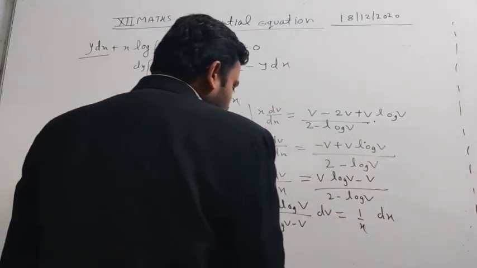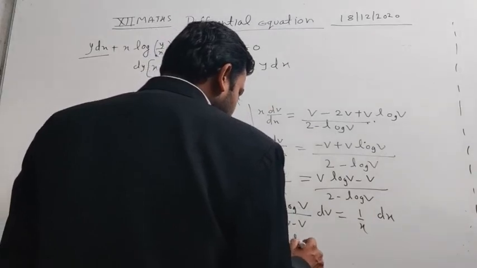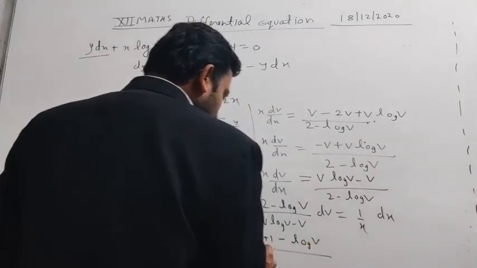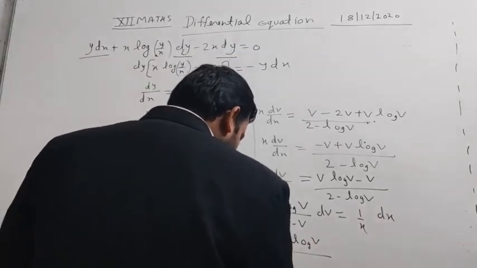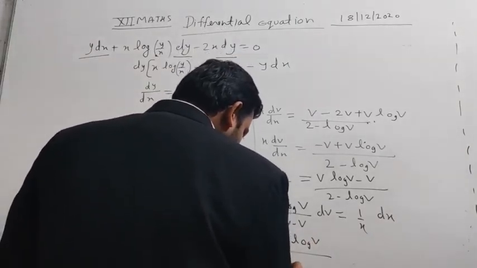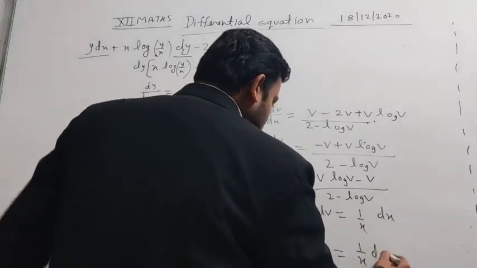Now this 2 can be written as 1 plus 1 minus log v, and taking common v log v minus 1 in the denominator, which is dx by x.